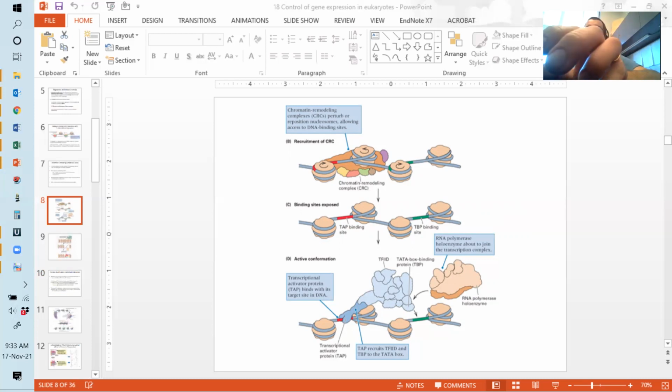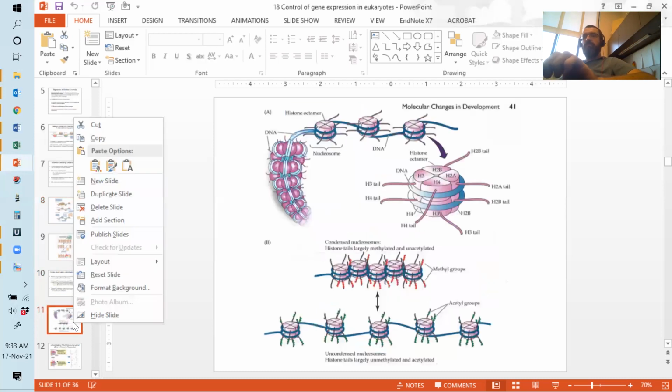So H3K4, for example. K is the letter for lysine, H stands for histone, so that's histone 3 modified at lysine 4, for example. And there's a whole bunch of these lysines and arginines in those tails, right? And that particular code depends on the context, so it is astonishingly complex.